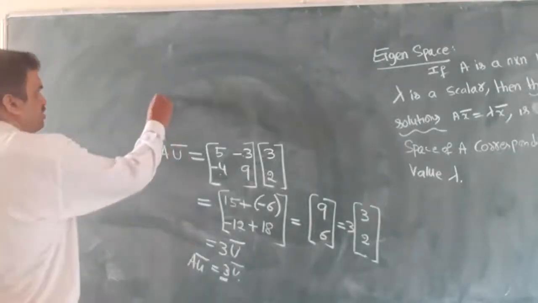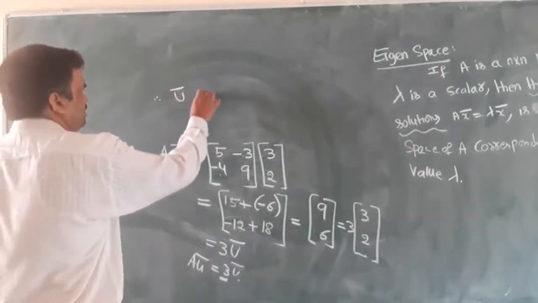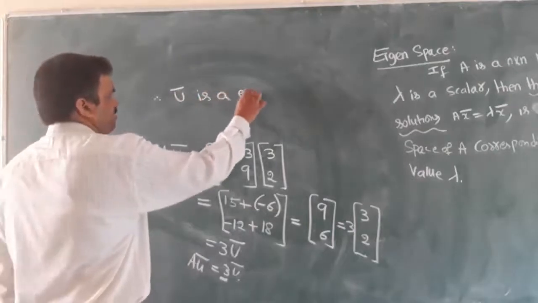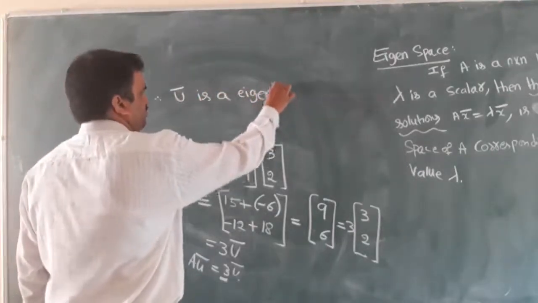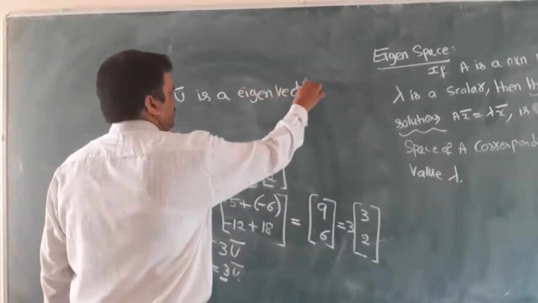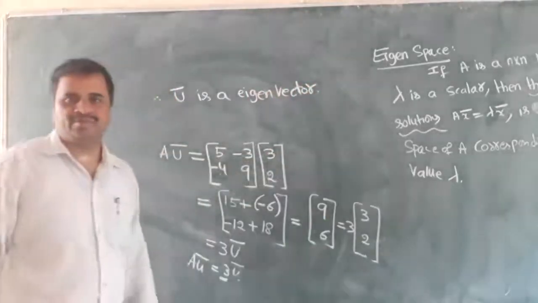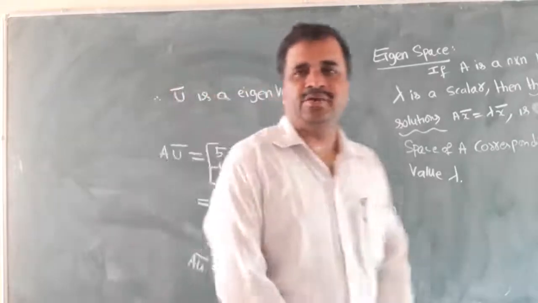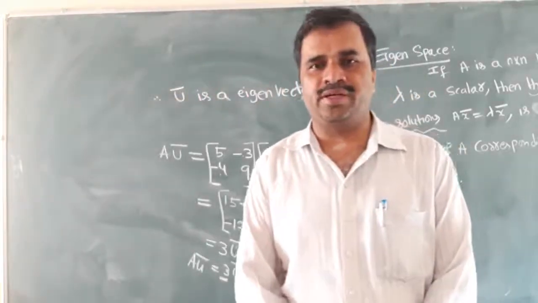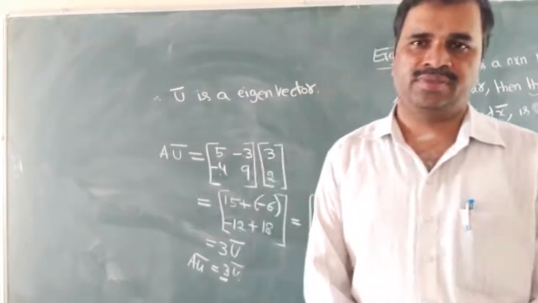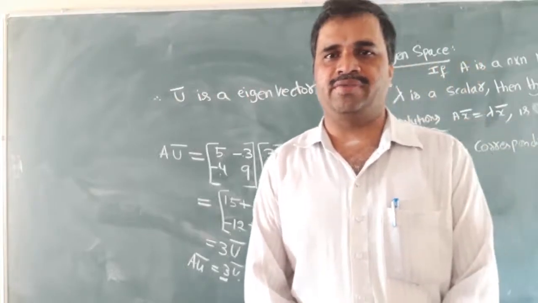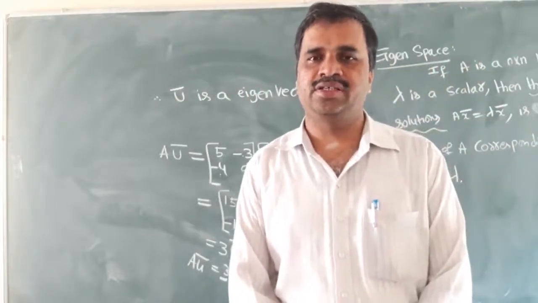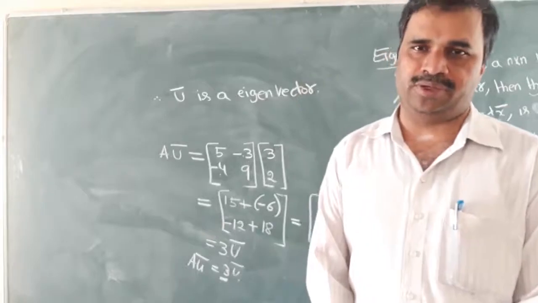Now write the conclusion. Therefore, u bar is an eigenvector. The first question was to verify whether u bar is an eigenvector or not. The condition is A u bar equal to lambda u bar.